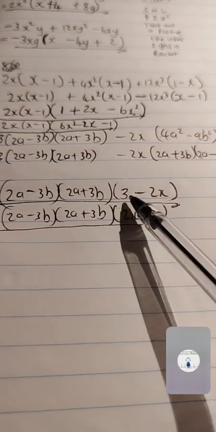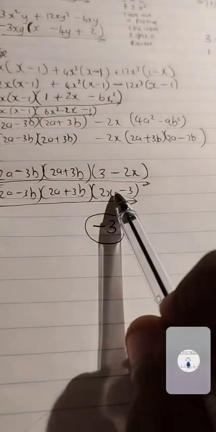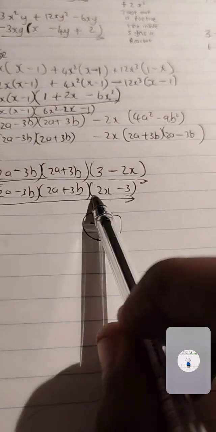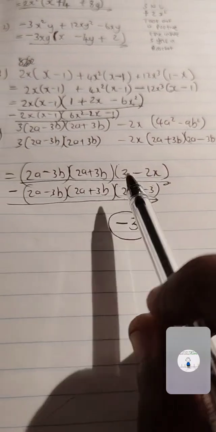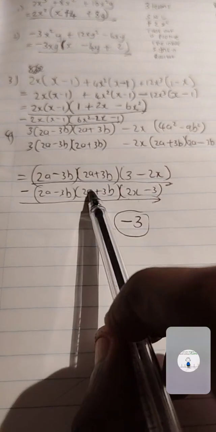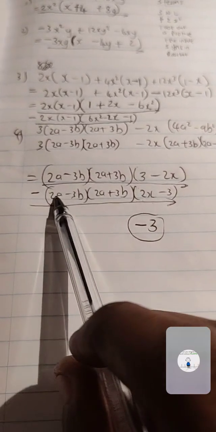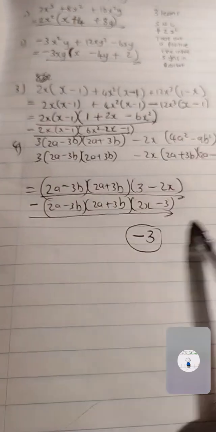So this is a negative expression, but that negative expression multiplied by something that is positive, multiplied by another thing that is positive, will lead to a negative something.